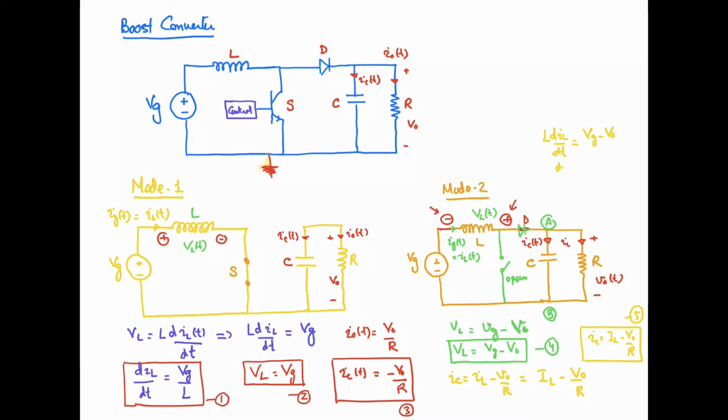And from here I can say that dIL by dt is equal to Vg minus V0 by the inductance. So this is, let's suppose, equation number 6. So we have written 6 equations for the rate of change of current in the inductor in both modes of operation, for the inductor voltage, and for the capacitor current, right?